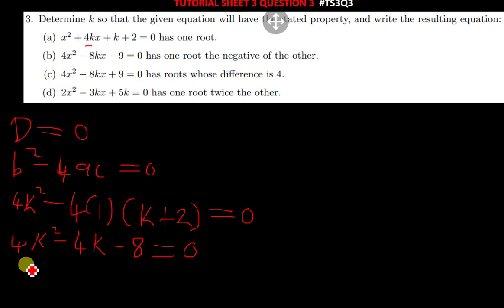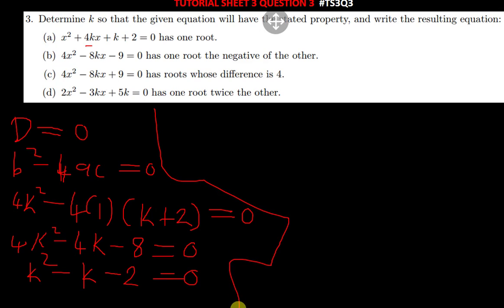Here we can reduce it, and this is going to be k squared minus k minus 2 being equal to 0. From here I think most of us can solve it. I know most of us can solve a quadratic equation. Let's try to do it so that even someone who can't understand maybe can follow.